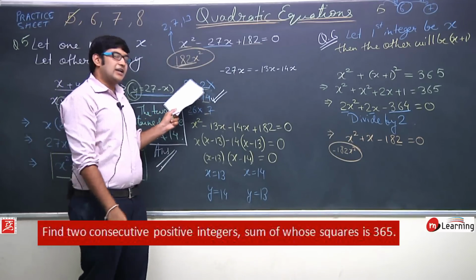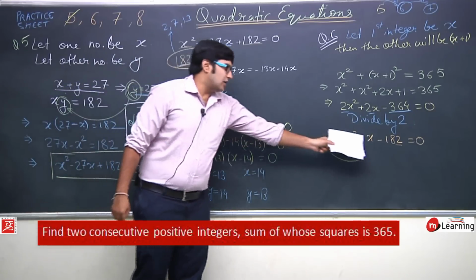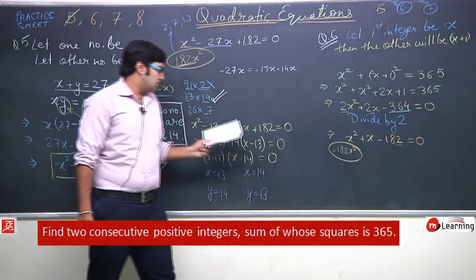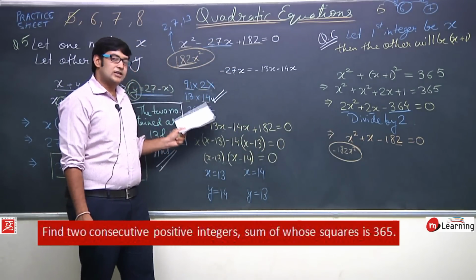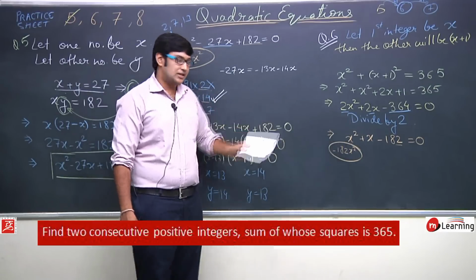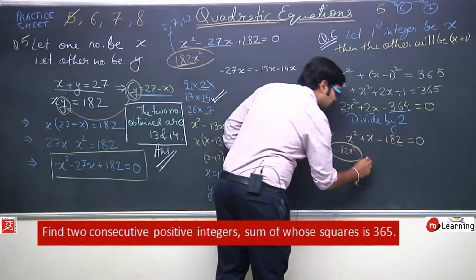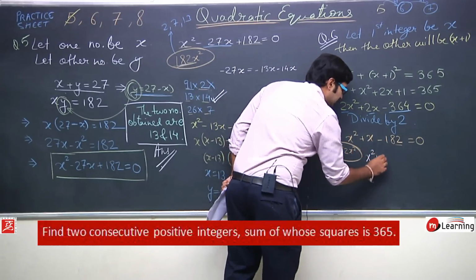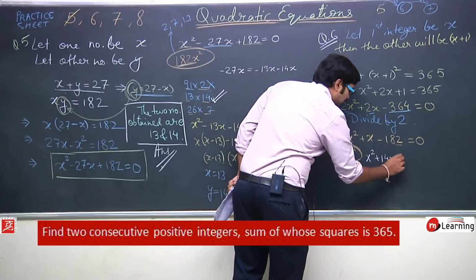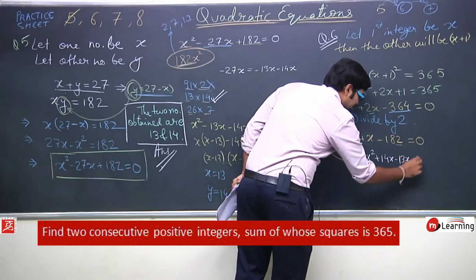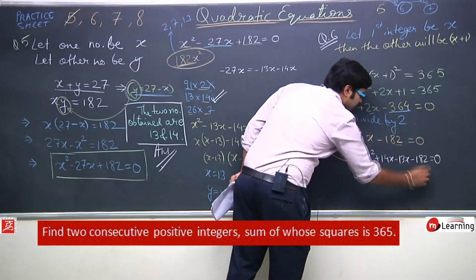So when subtracting 91 and 2, you will not get 1 or x. Okay, by subtracting 13 and 14, yes, you will get 1. It means I can split this expression as x square plus 14x minus 13x minus 182 is equal to 0.